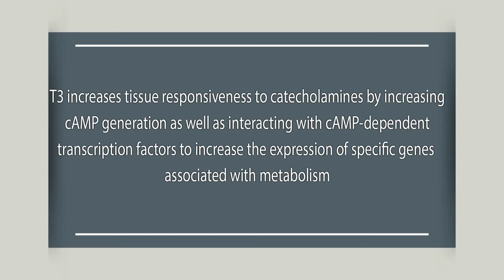Furthermore, T3 increases tissue responsiveness to catecholamines by increasing cyclic adenosine monophosphate generation, or cAMP generation, as well as interacting with cAMP dependent transcription factors to increase the expression of specific genes associated with metabolism.